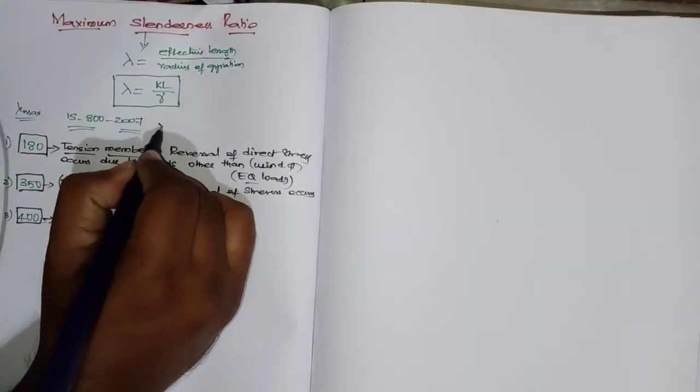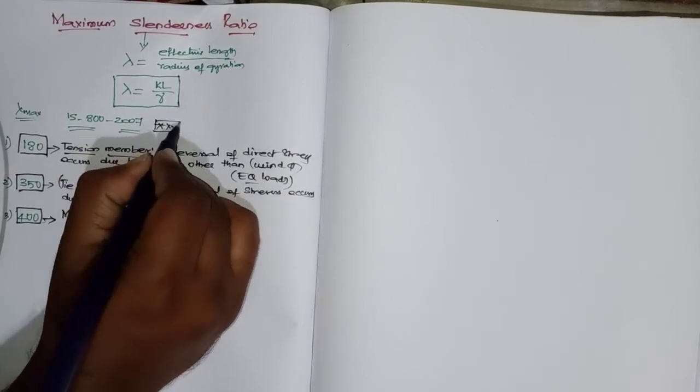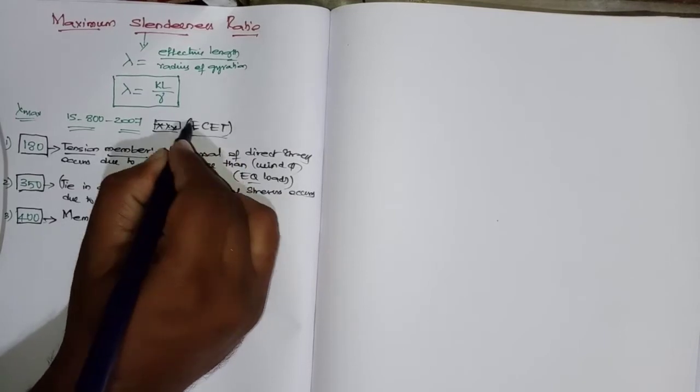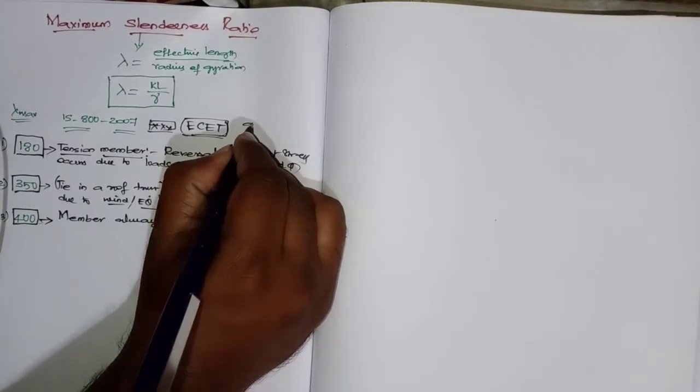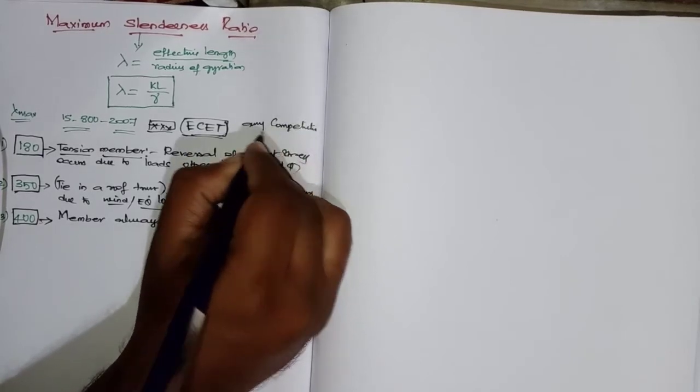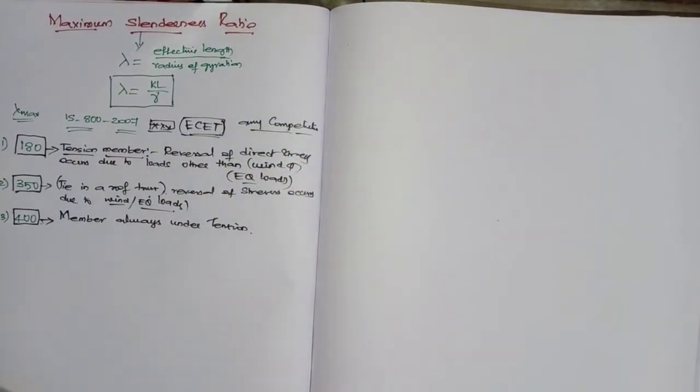This topic is very, very important while designing, and especially from an exam point of view. Not only for this exam, for any competitive exam, this one is very much important, okay.